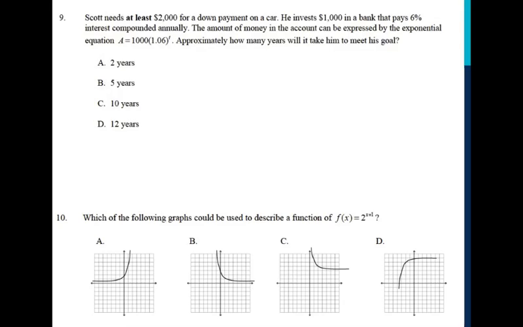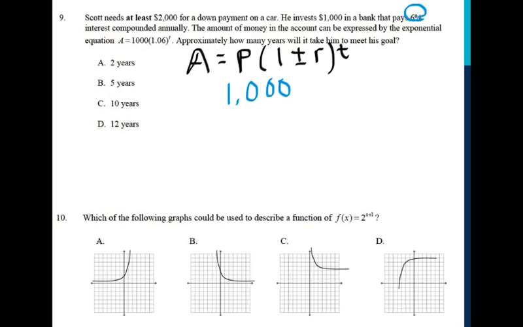Now we're going to talk about our buddy Scott. He needs at least $2,000 for a down payment on a car. So again, with this equation, A equals the amount that he needs, equals principal times 1 plus or minus r to the t power. He invests $1,000, so that's his P value, in a bank that pays 6% interest.